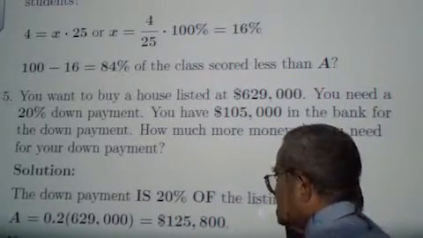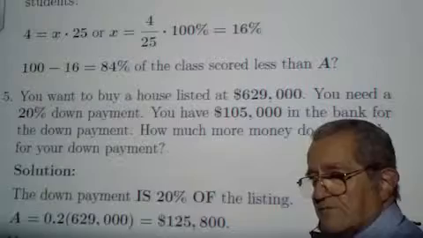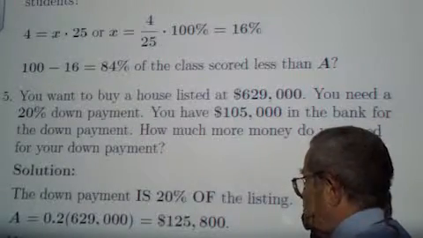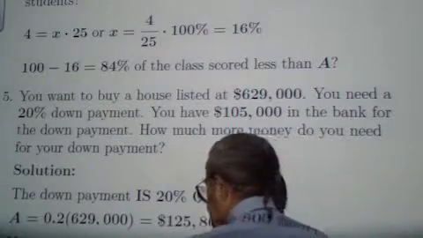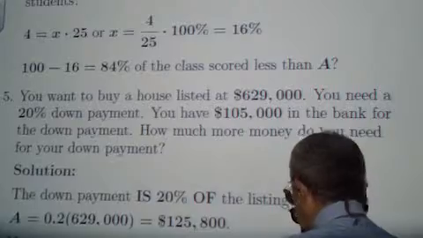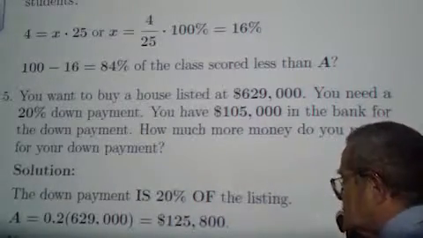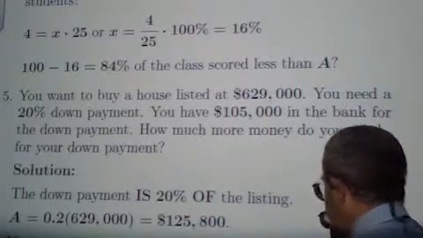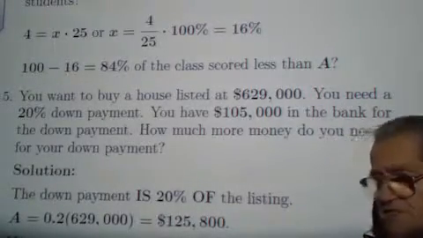That's what you need, a 20% down payment. You need $125,800. You have $105,000 in the bank. You still need $20,800. You subtract what you have from what you need. Okay, a few seconds for that one.